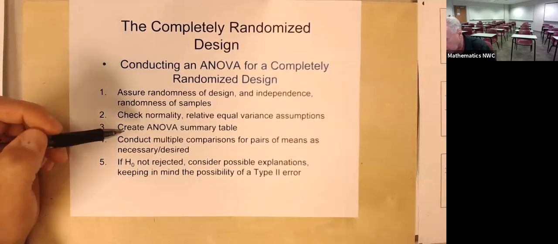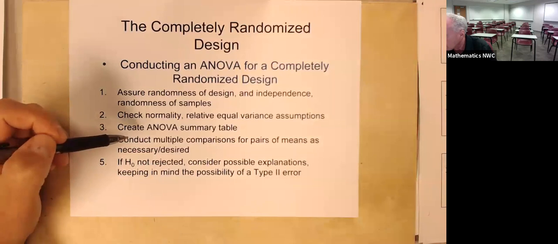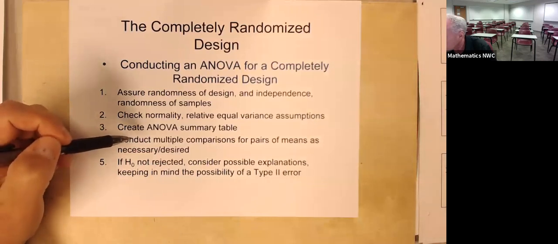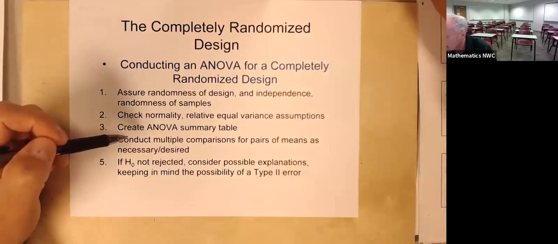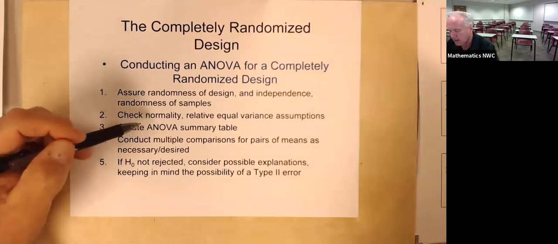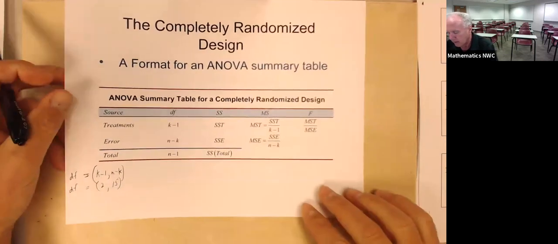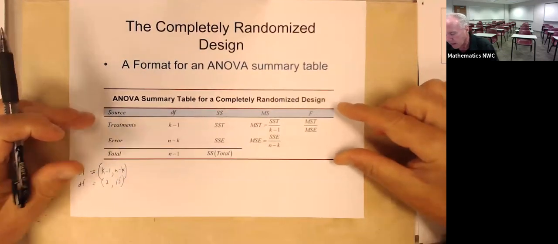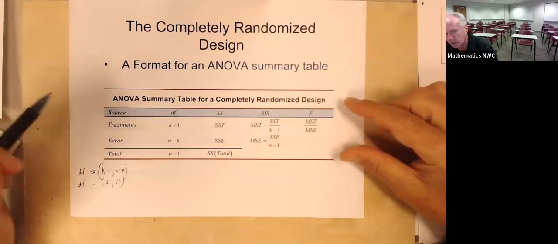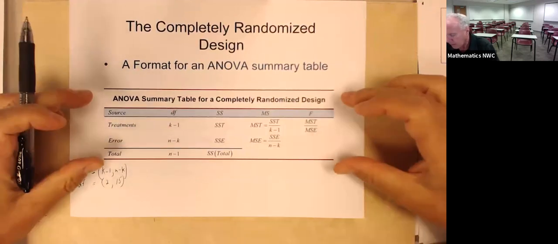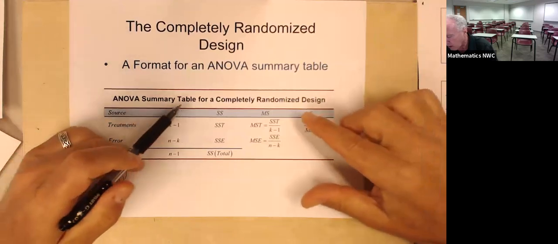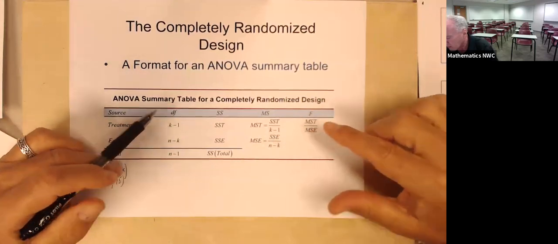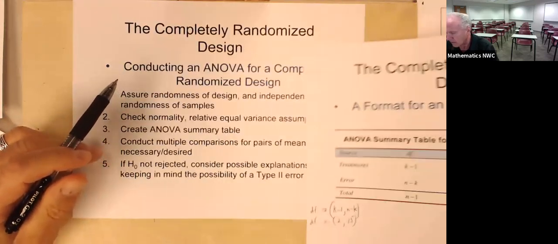That's the table I'm referring to. I did find it here. You have to create that ANOVA summary table. That's this table right here. A lot of times they'll give you that, or parts of it, in a computer printout.